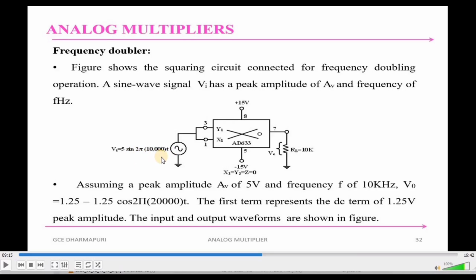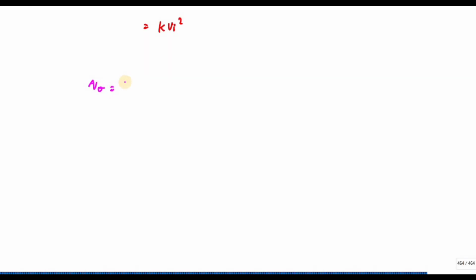If I give the input like this, what is the output I will get? Since V naught is my output, you can see here I am getting the output.